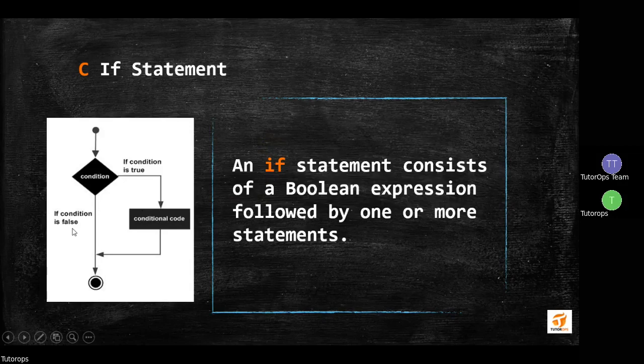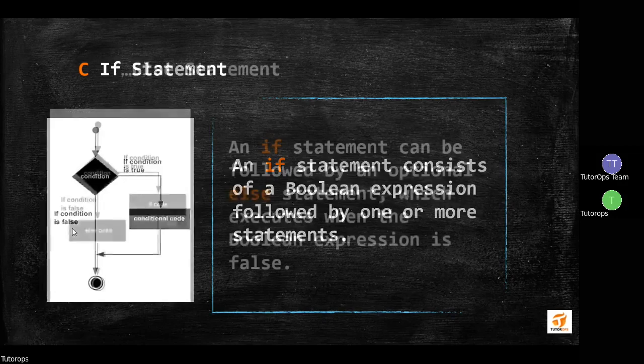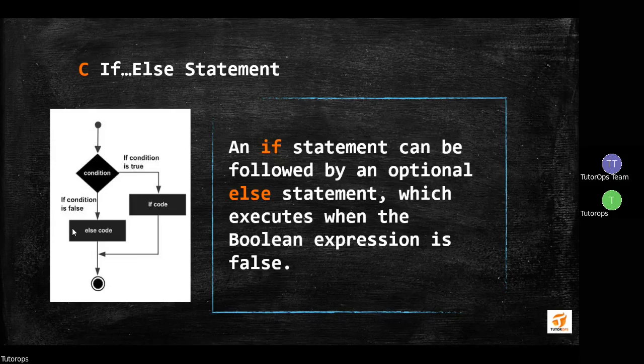We are directly removing the false statement. But when we want to print anything at the time of false also, that time we have to write else code, and we can execute that when the condition is false. That is the main logic of if else.